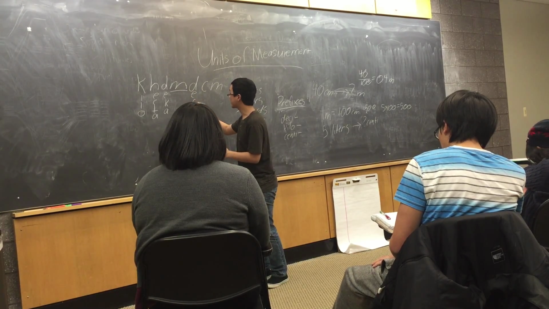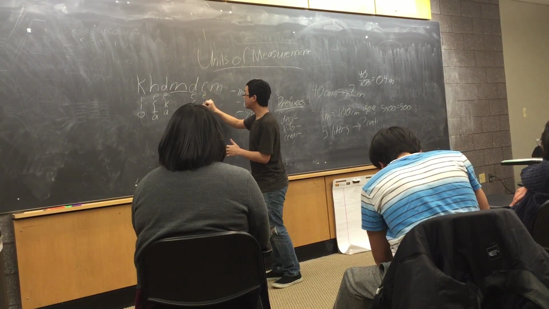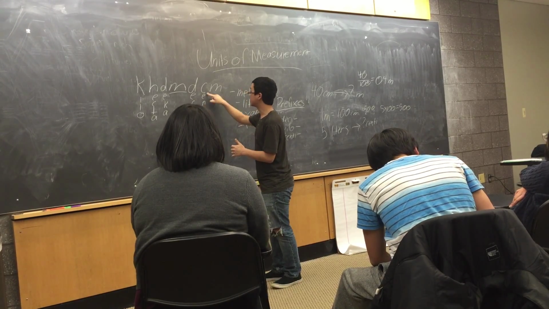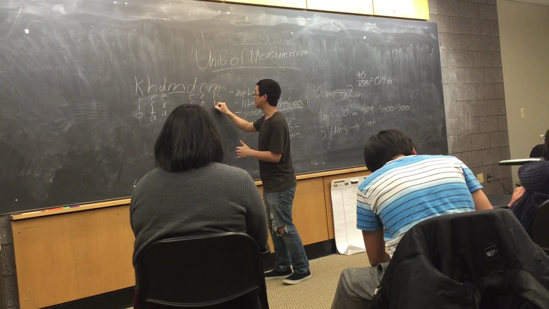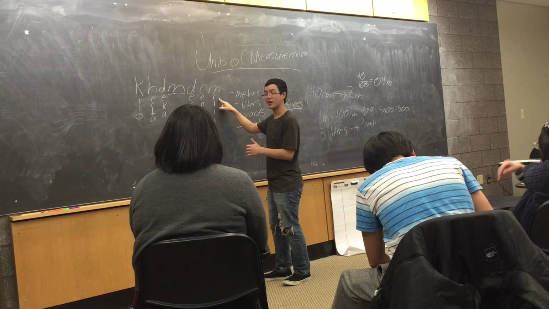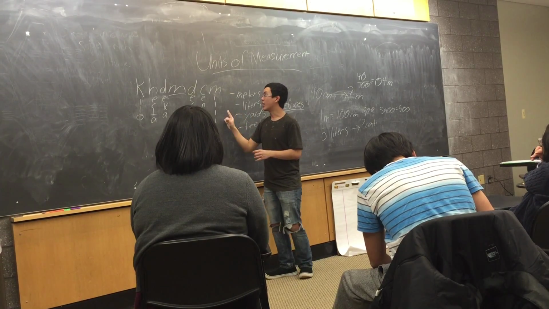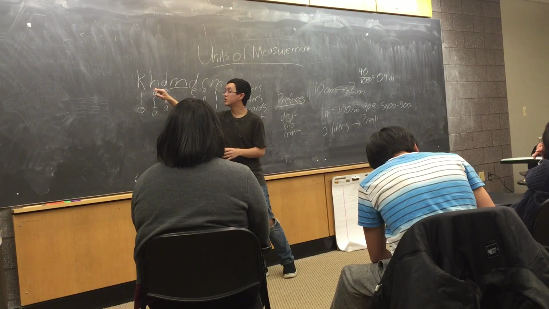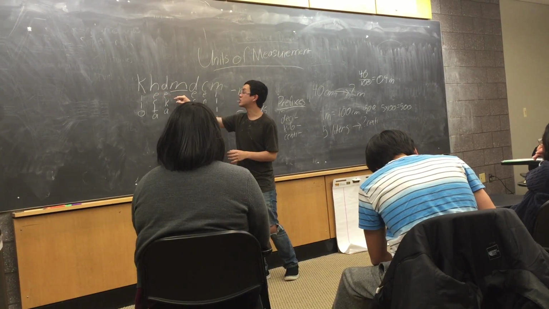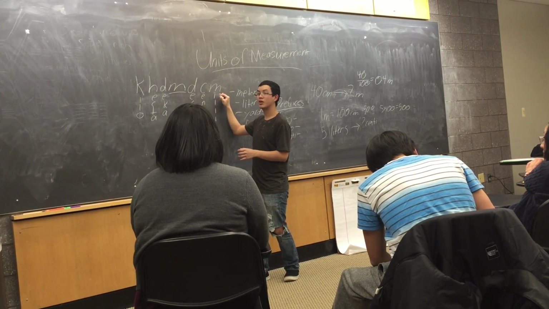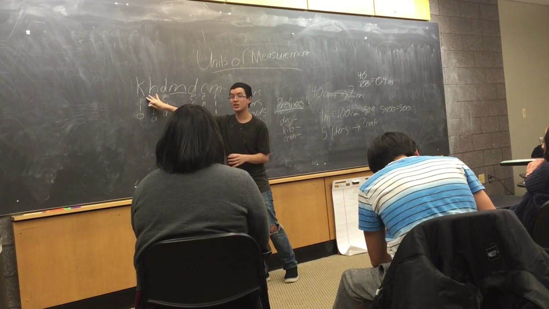Deci is your second D. Centi is your C. And milli is your third M. Now, kilos are larger than hectas, and so on and so forth. So we can see that the smallest is milli, and the largest is kilo.